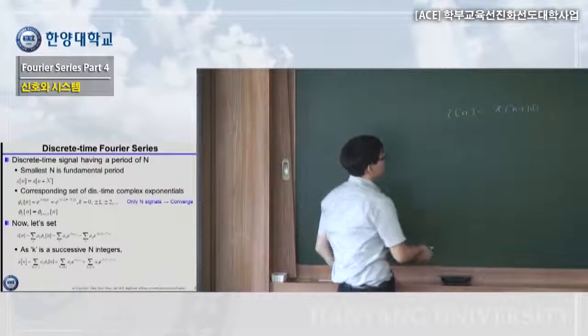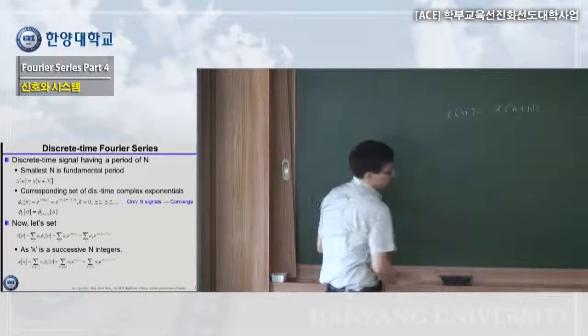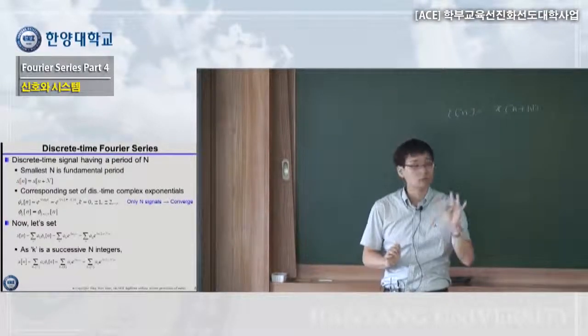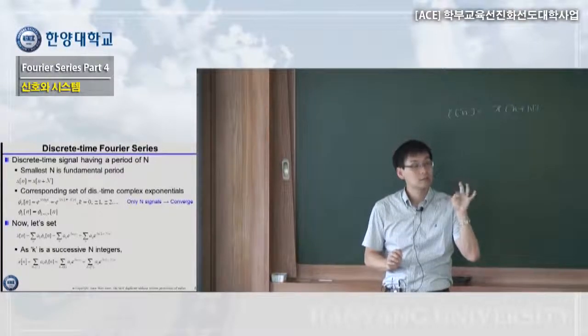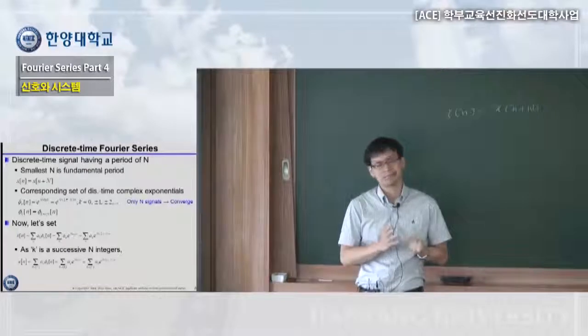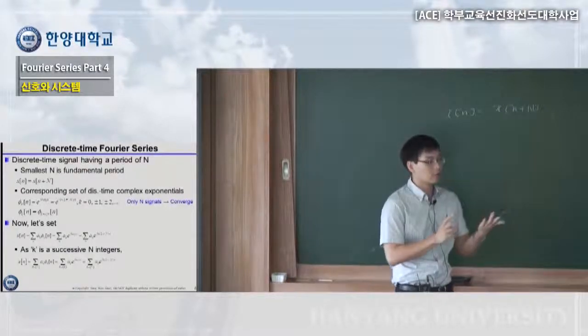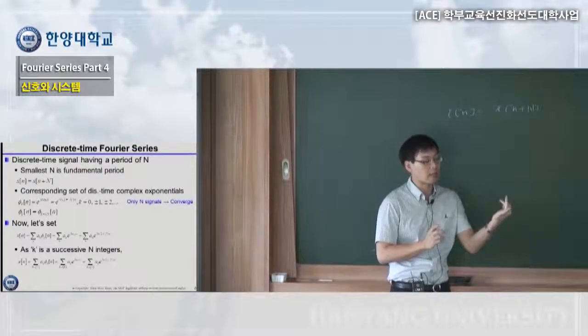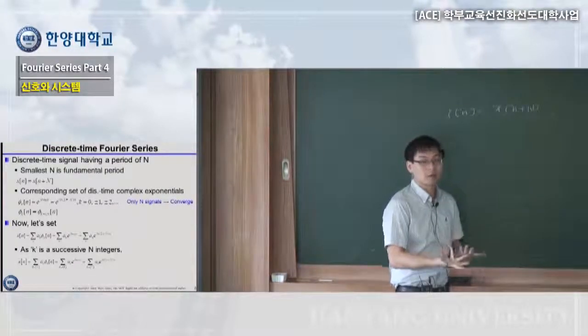So this one looks like this. In discrete time, you can think of them as something you can count. After N, you count 1, 2, 3, 4, 5, 6, and then large N, and they repeat again.